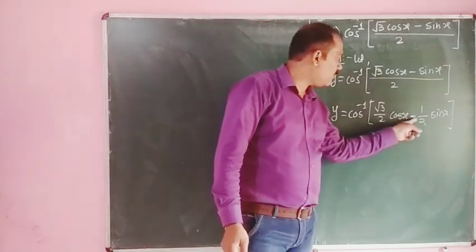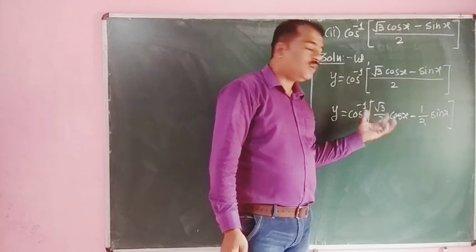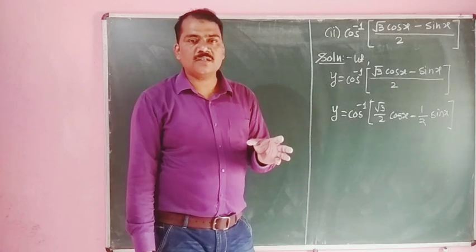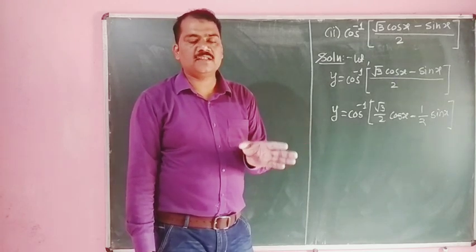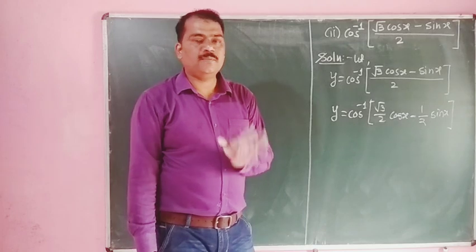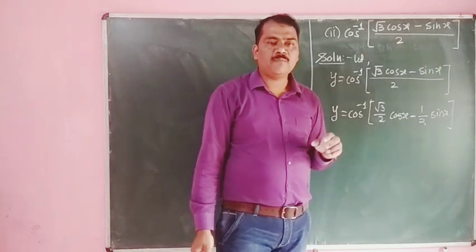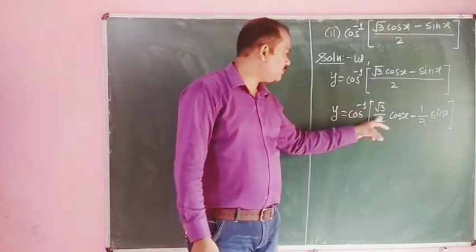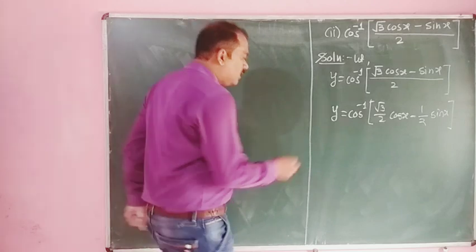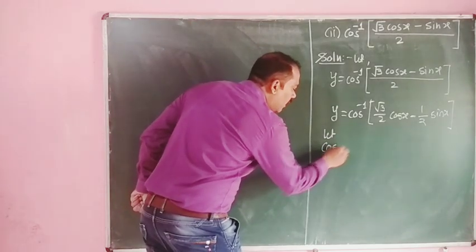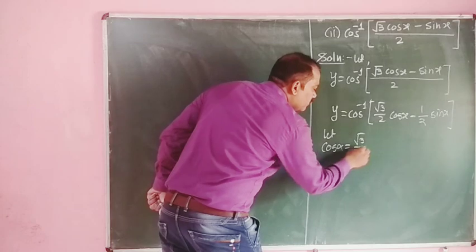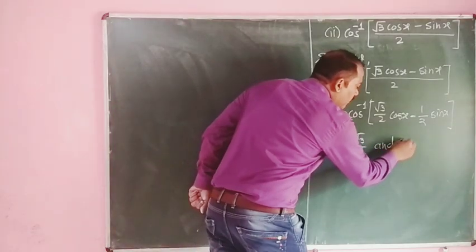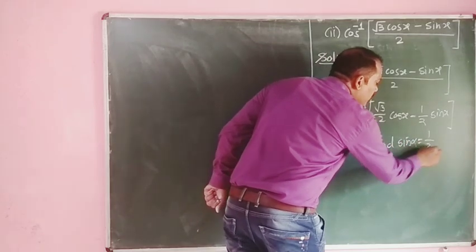So for cos minus sin, we have to know the formula related to cos of A plus B: cos A into cos B, if plus is there, we take the minus, that is minus sin A into sin B. Here minus is there, so we use the formula cos of A plus B. First of all, we assume let cos alpha equal to root 3 by 2 and sin alpha equal to 1/2.